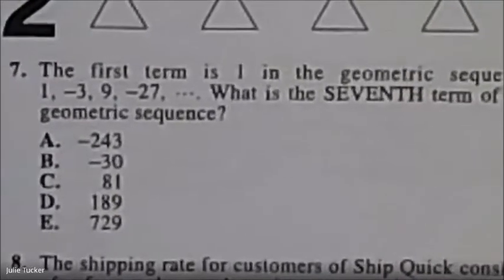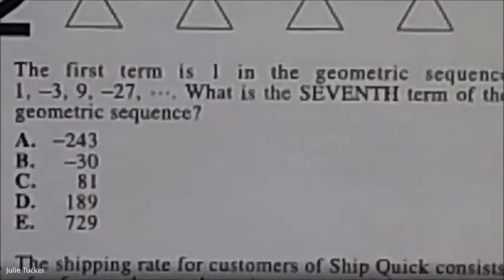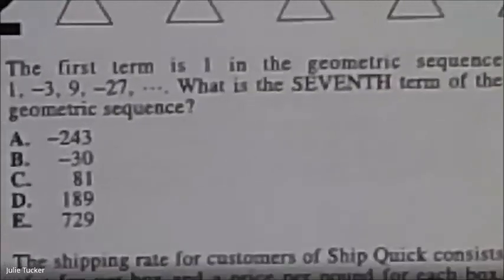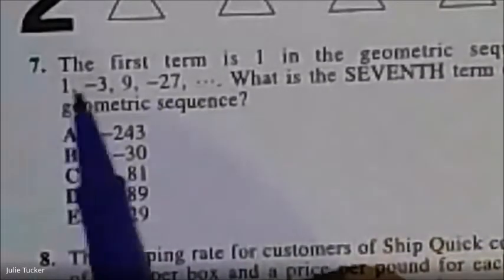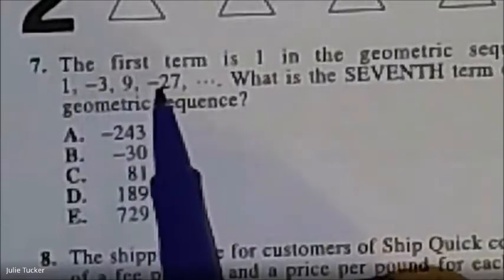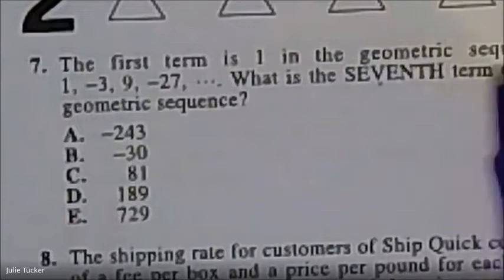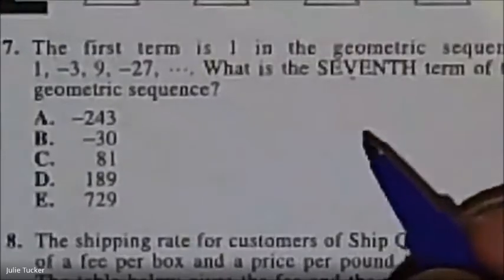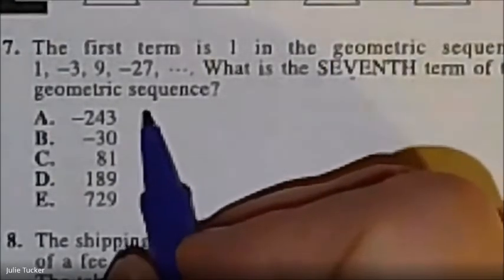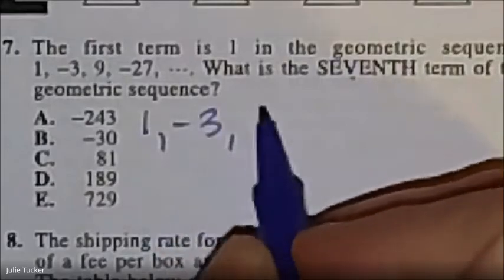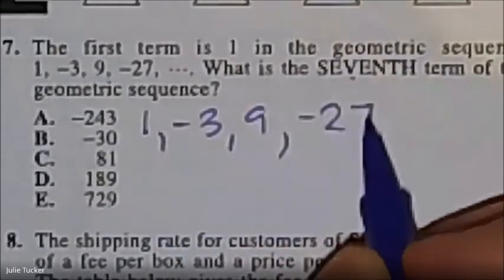The first term is 1 in the geometric sequence 1, -3, 9, -27. What is the 7th term in this sequence? So we've got 1, -3, 9, -27.